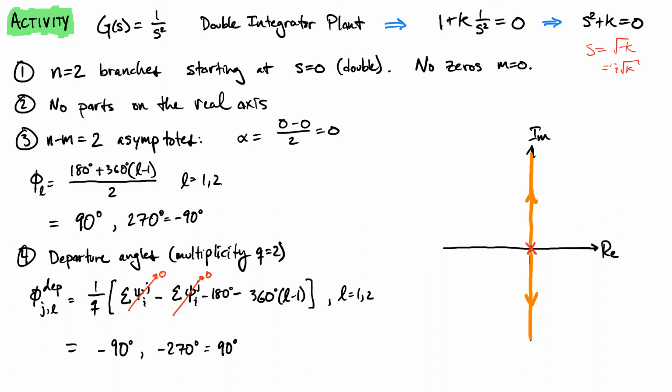What that means is that as k increases, it's literally going along this imaginary axis in both positive and negative directions. So you can find the roots this way, but eventually that's going to be too complicated, which is why we go to these sketching rules.